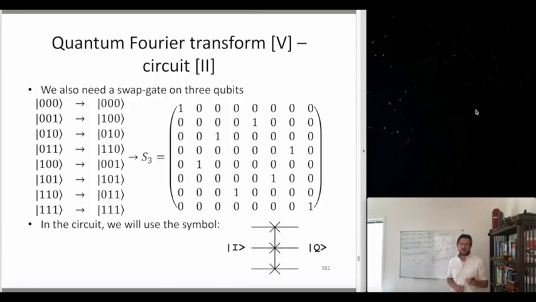Then what you also need to do is implement a swap gate, on 3 qubits in that case. So the swap gate, as you remember, swaps the bits. And that's also easily done. So you remember how you want to construct such a gate. Let's say you have an input state of 1, 0, and what you want to produce is a state that is 0, 1 in that case.